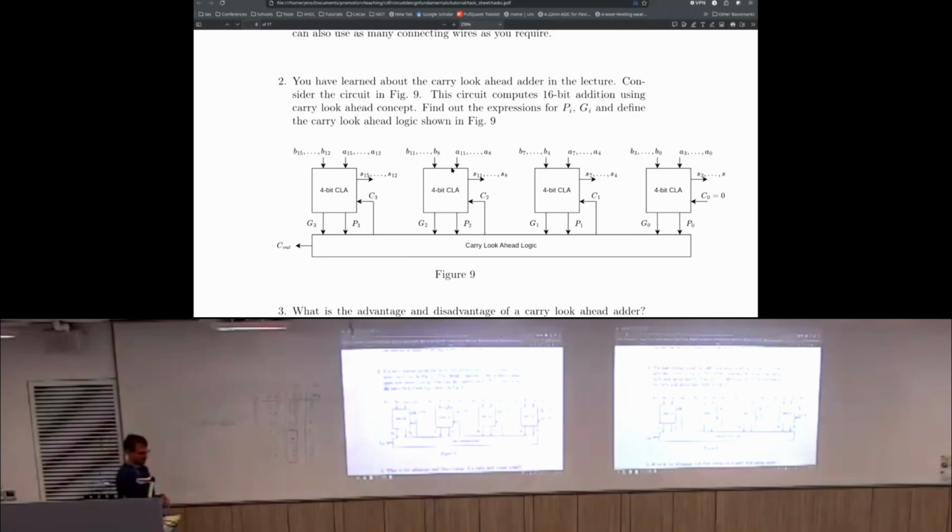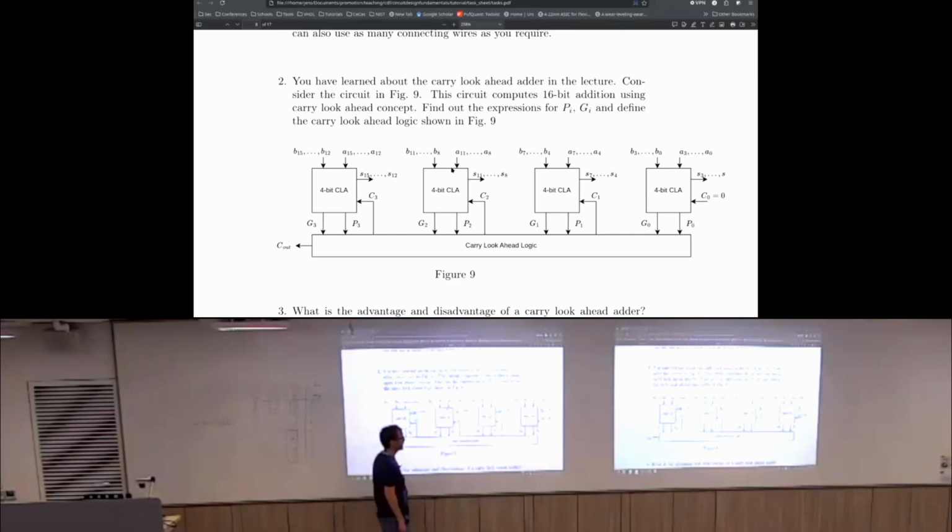And the task at hand is to find expressions for Pi, Gi, and we define the carry look ahead logic, which is shown here in figure 9, so this part below here. So interesting here is that we have already 4-bit carry look ahead adders implemented and use those 4-bit carry look ahead adders to build up the complete 16-bit adder.